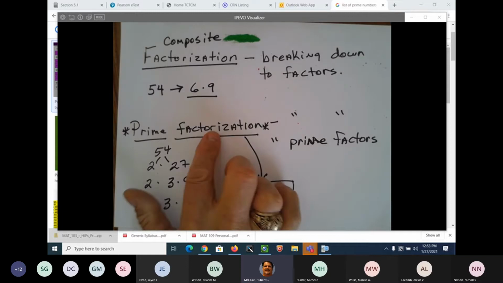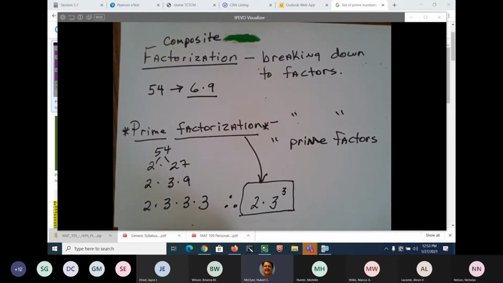So if I ask you, what is the prime factorization of 24, nobody should say 6 times 4 or 3 times 8. Now, if you say 3 times 2 to the third power, 3 times 2 times 2 times 2, that's okay. Or 4 would be 2 times 2, and then 2 times 3.